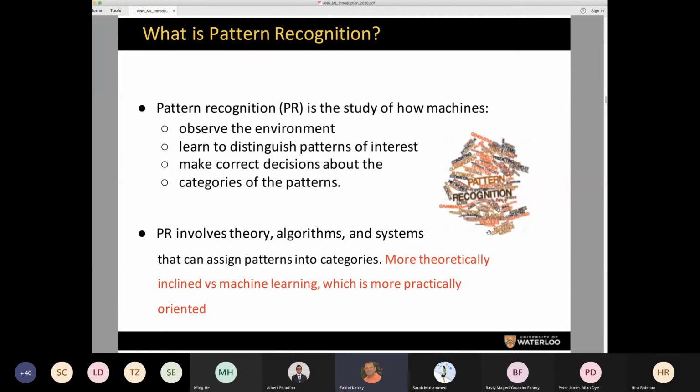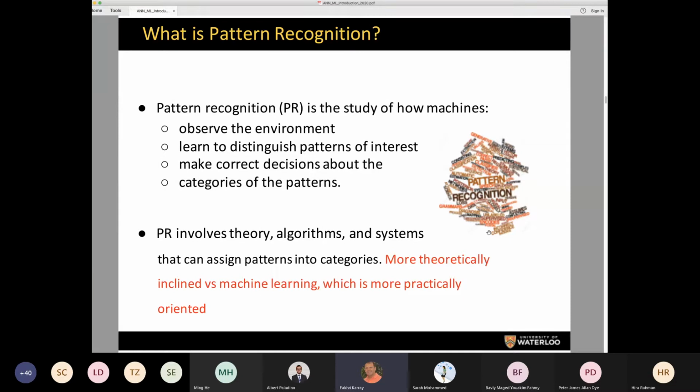Pattern recognition is the study of how machines observe the environment: how to take a look at the environment, observe it, and provide us with information about it. Learn to distinguish patterns of interest, how to classify or cluster sets of patterns which are not labeled.